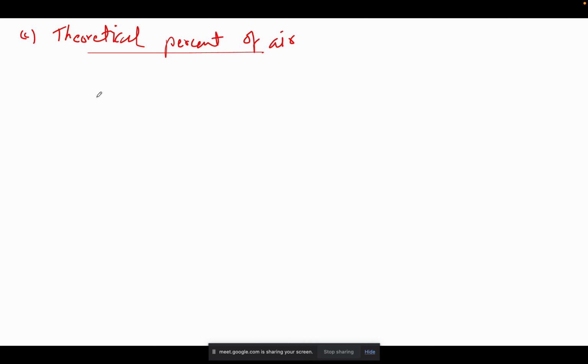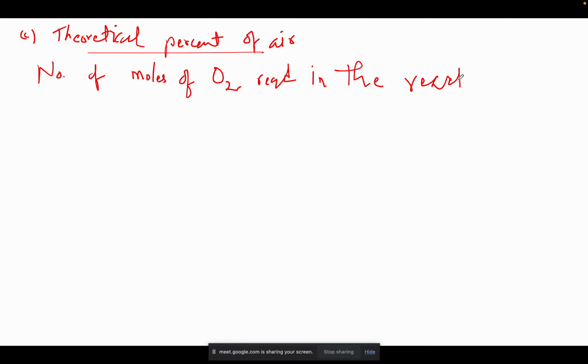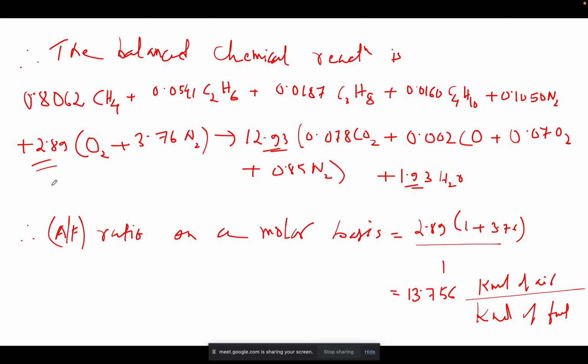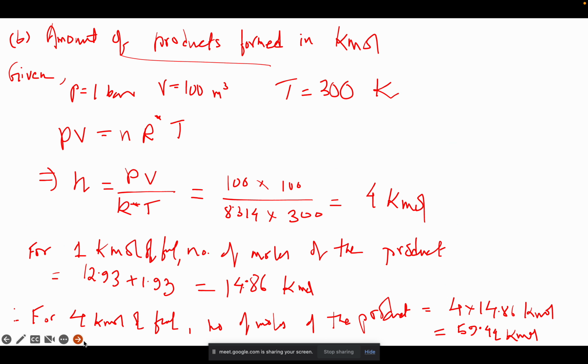Okay, so number of moles of oxygen required in the reaction. How many moles of oxygen is required in the reaction? So you can see that 2.89 was added, and in the product it is already left here 12.93 into 0.007. So actually how many are required here?